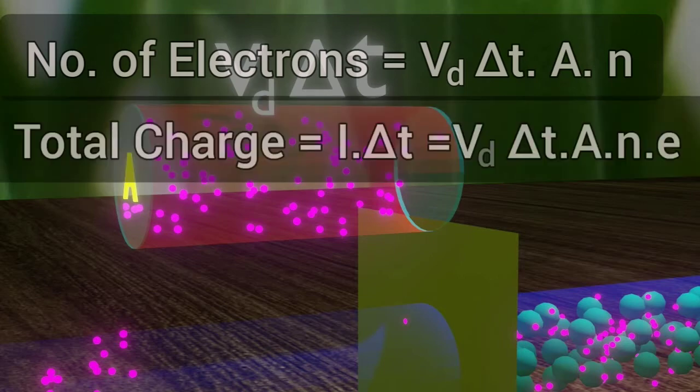Thus, we get total charge I into delta t equal to Vd into delta t into A into N into e, where e is the charge of an electron.